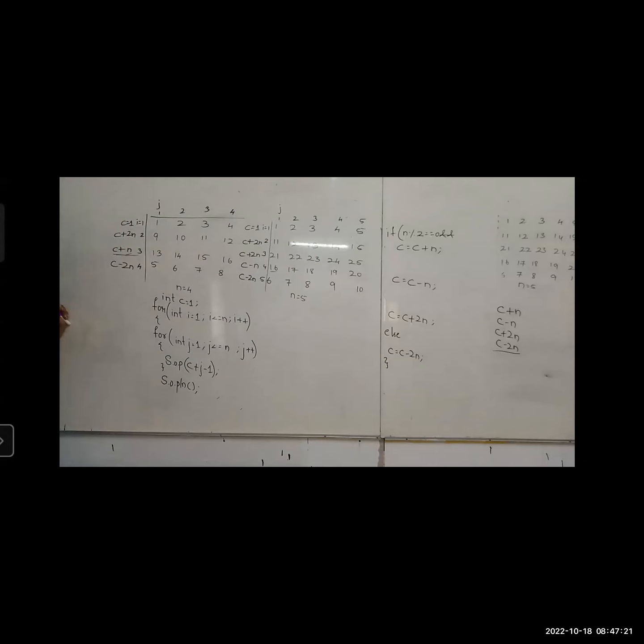In such a way that other cases should not satisfy that. If you are writing C plus n for this one, it should work only for this one. You should write the condition in such a way that it works only for this one. If other values come and check the condition and it is satisfied, you will get the output in a different way. Getting it? So now I want to do it for this one.